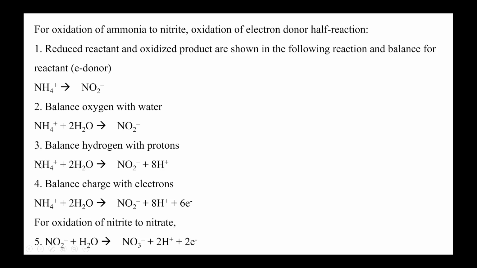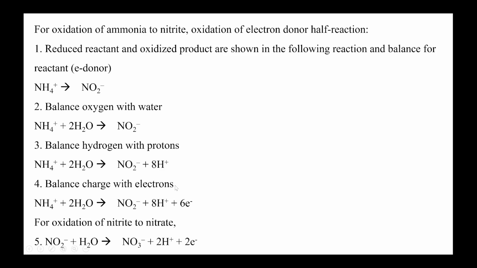Now you see the charge. You have plus 1 charge here and you have 8 minus 1, that is plus 7 charge here. So you have to balance the charge also. First you balance the oxygen, then you balance the hydrogen, then you balance the charge. Here you have plus 1, here you have plus 7.